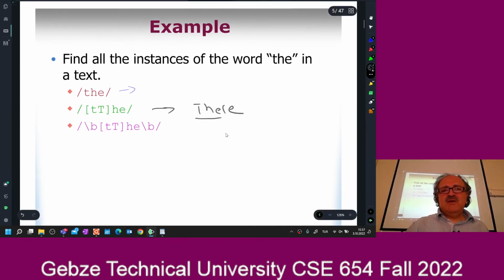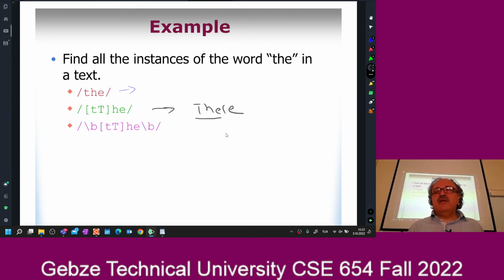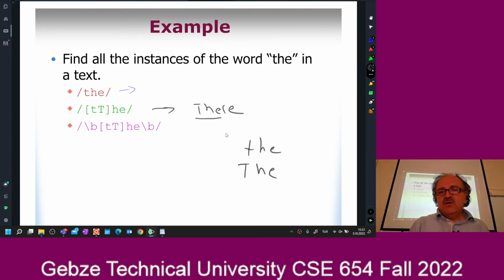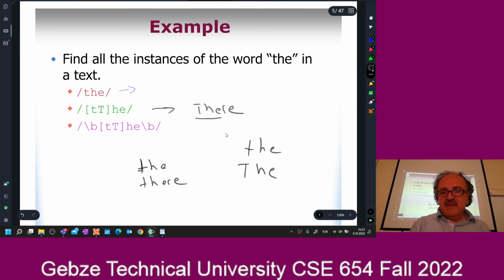So we used a regular expression to find all the occurrences of "the". For a regular editor, this one and this one are two different things, or this one, these three letters, and this one, these three, are the same thing.